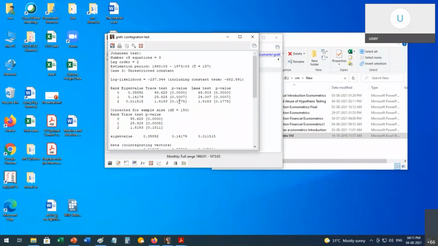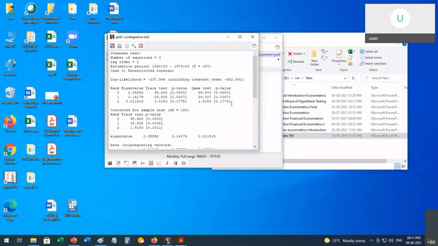See the p-value. P-value is greater than 5%. In this case also, p-value is greater than 5%. If we do not reject a particular row, then we stop there. Suppose we have one more variable, and we have a fourth row here. 4 variables means 4 rows.